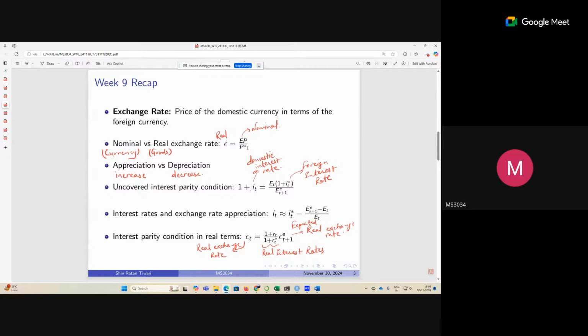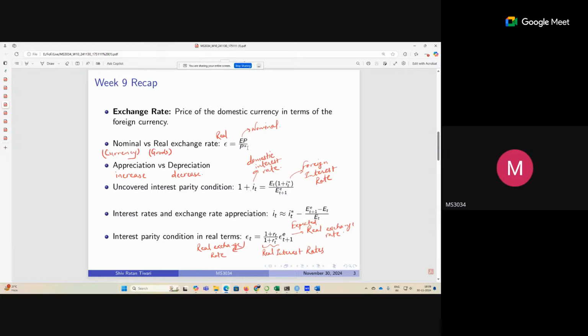Then we discussed appreciation and depreciation, which are the common words for exchange rate. If the exchange rate rises, we call it an appreciation. If the exchange rate decreases, then we call it a depreciation.